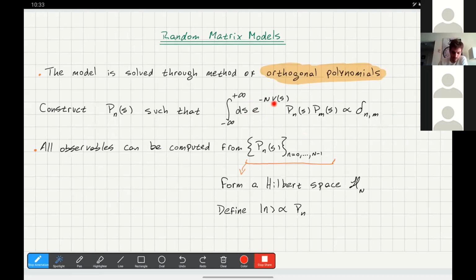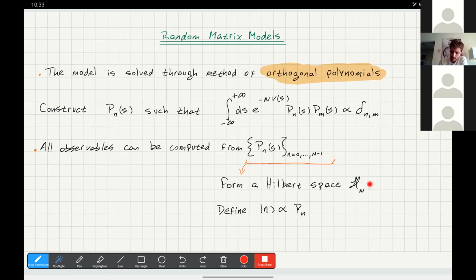That's the potential that defines the matrix model. So the nice thing about this formalism is that if you consider this set of orthogonal polynomials, you can actually compute any observable you're interested in. They're all determined by these polynomials.